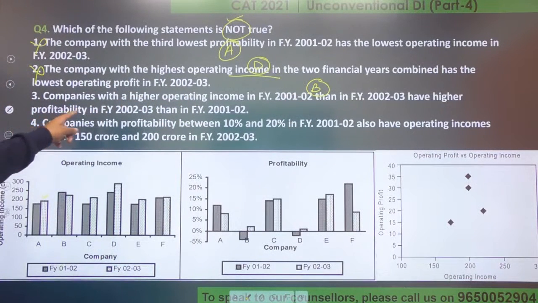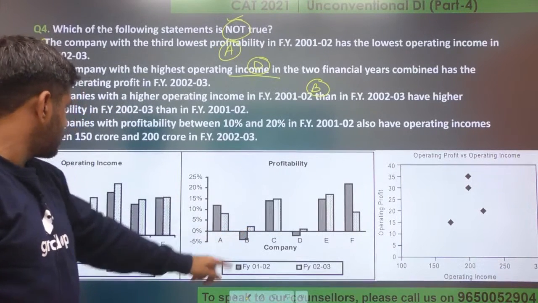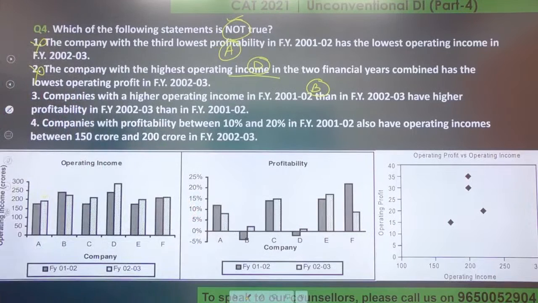They have higher profitability in 2-3 than 1-2. उनका profitability 2-3 में higher है 1-2 से. This is also absolutely correct. So this is also not my answer. Answer has to be option 4. First 3 options, they are all true. Question is asking for which one is not true. So not true अगर मैं बोलूंगा तो I would say option 4 would be the correct answer. It's as simple as this.